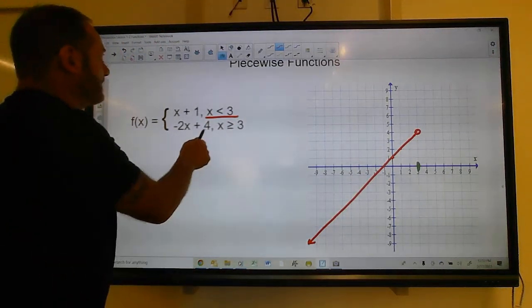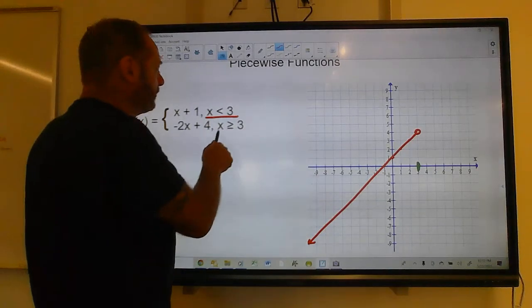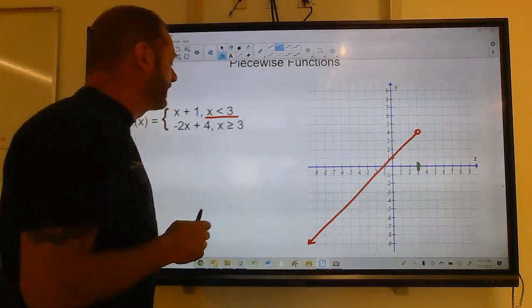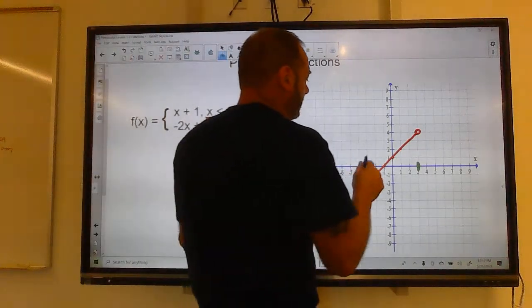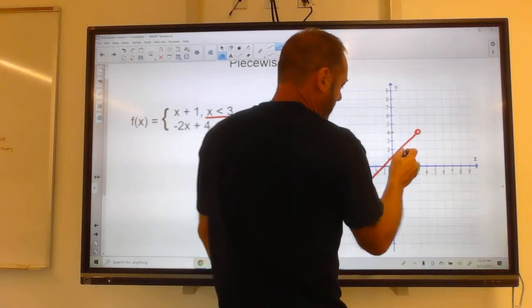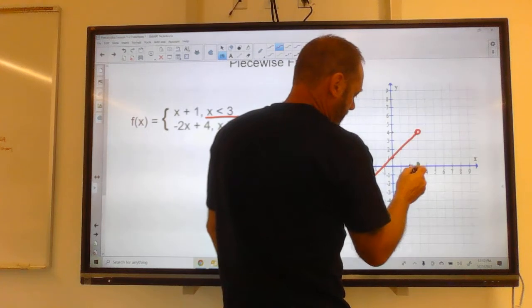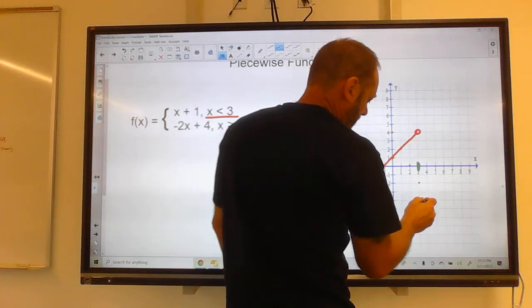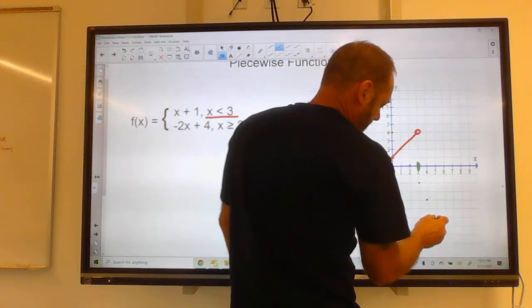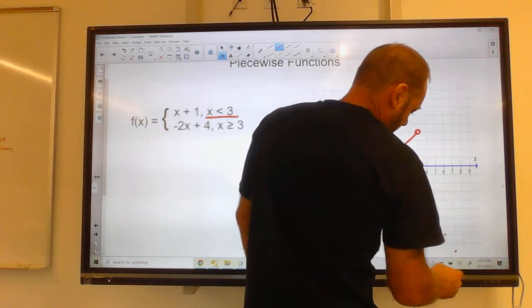Then this becomes negative 2x plus 4, but it's only when x is greater than or equal to 3. So I'm going to start here at 4, and then go down 2 to the right 1. So it would go here, then down 2 to the right 1 here, down 2 to the right 1 here, and so on off the page.